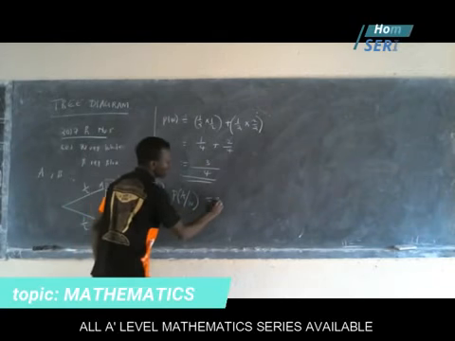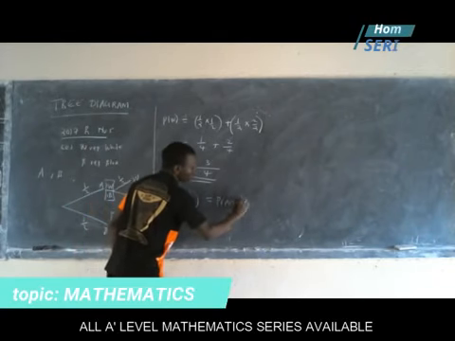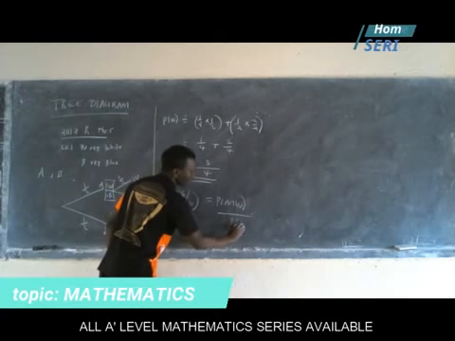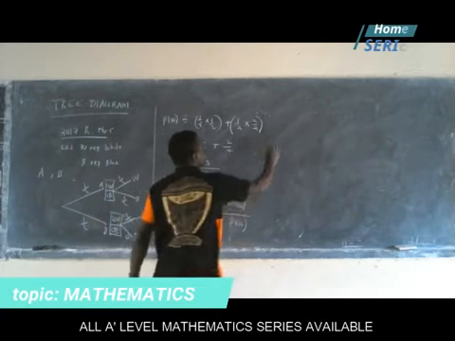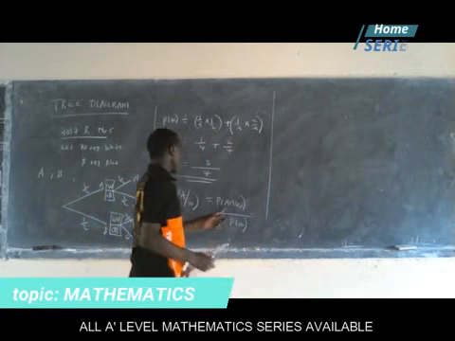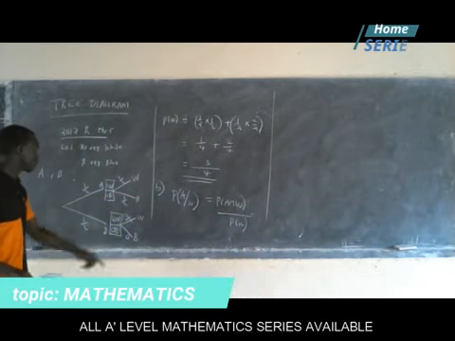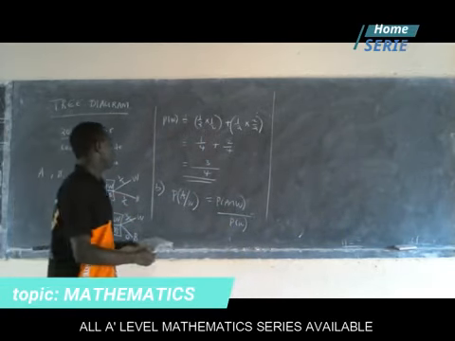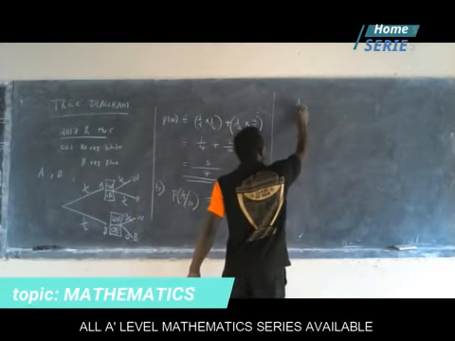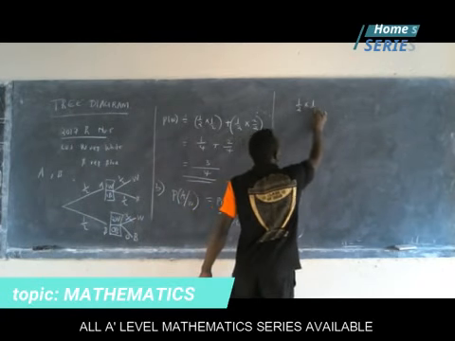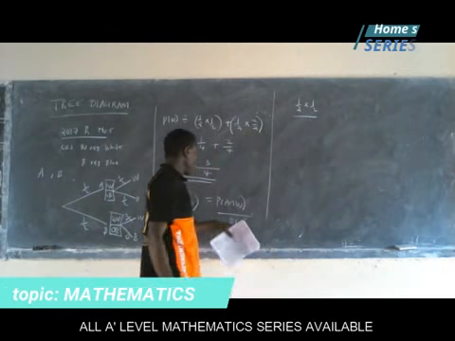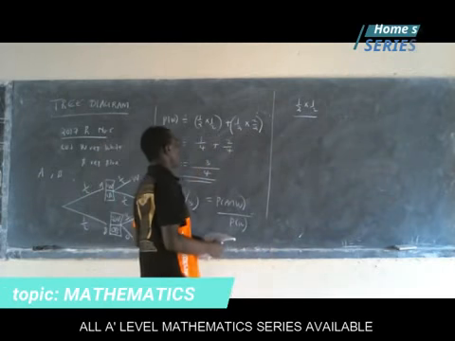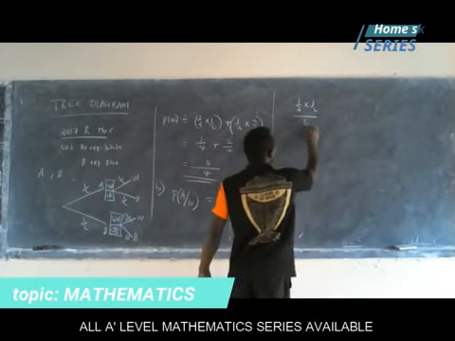This becomes probability of A intersection W over probability of W. So in this case, A and white becomes this times that, giving us a half times a half, divided by the probability of white, which is 3 divided by 4.